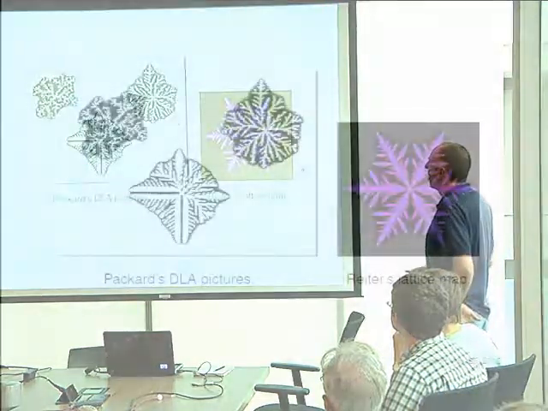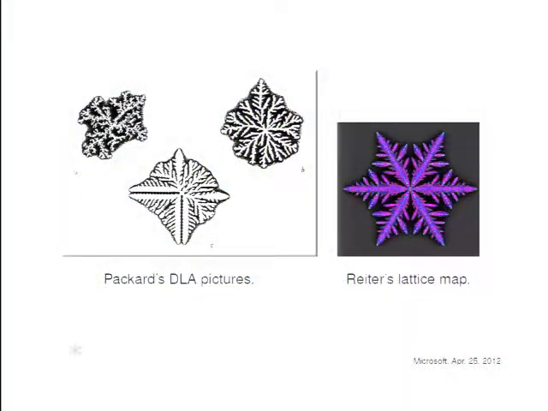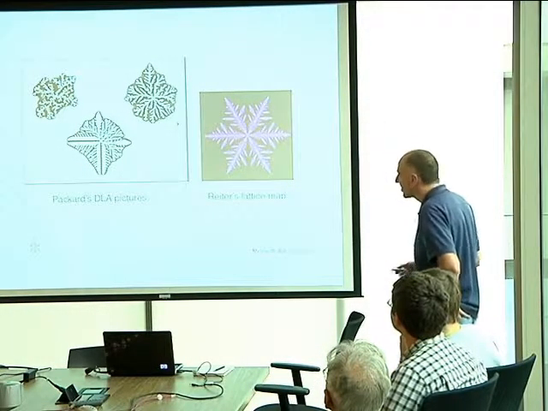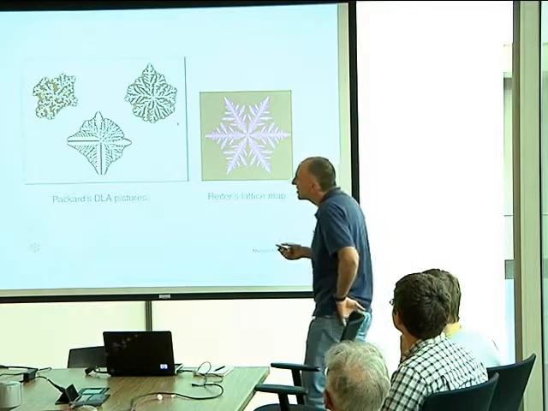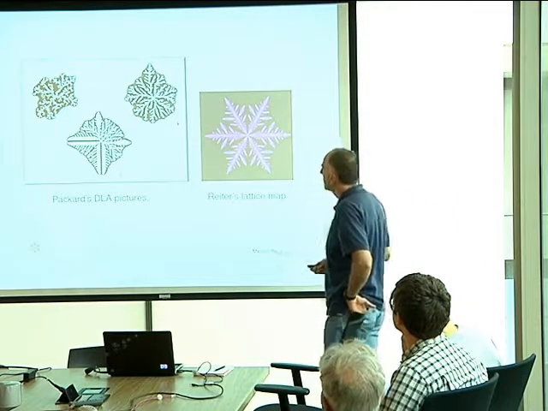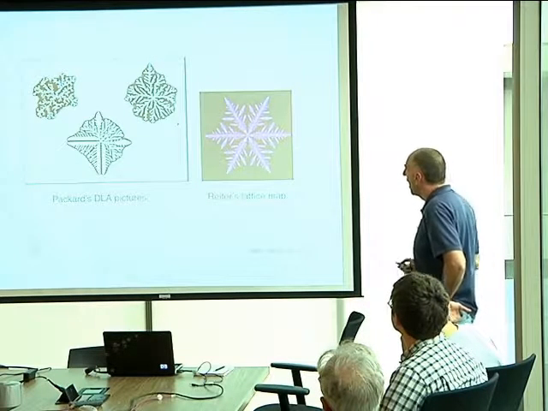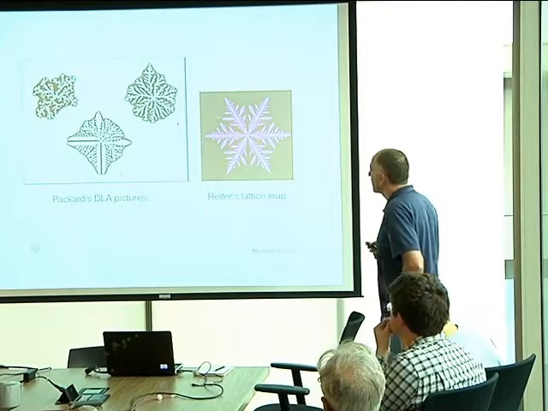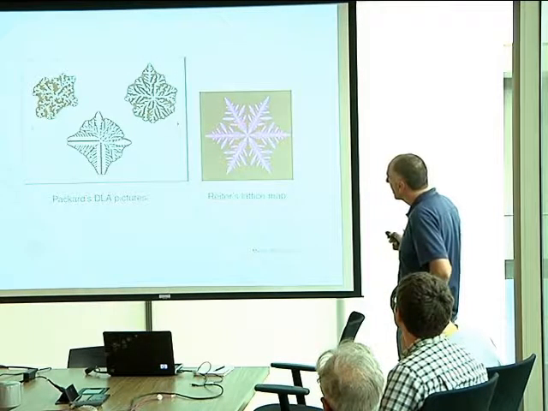All right. So here are pictures from Packard's paper. They don't look like they're going to win any Christmas card contests just yet. But it turns out that this is actually a very promising idea, as demonstrated by Reiter. All right. This is for a person who's seen a lot of snowflakes. This is a promising picture, but it's not quite right.